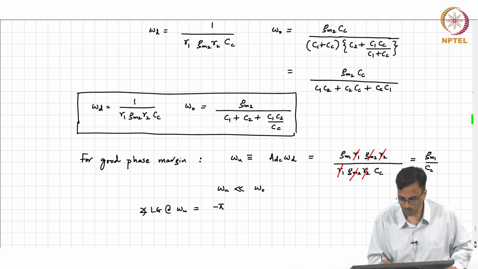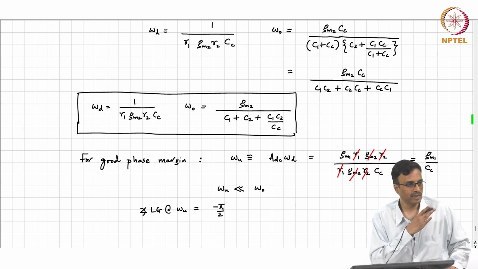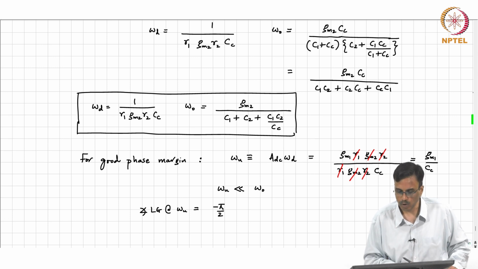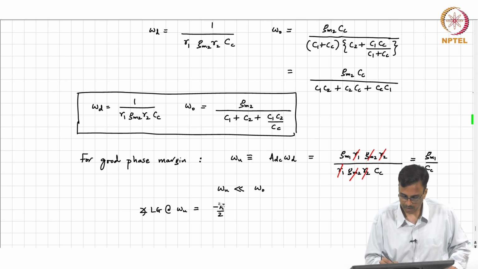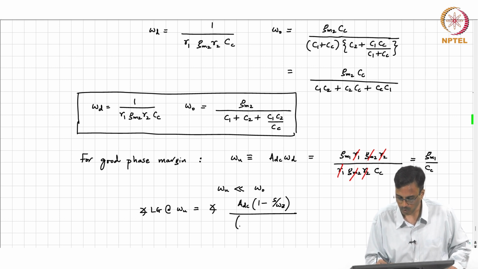Minus pi by 2. Why is this minus pi by 2 coming? That is because of the phase lag due to the dominant pole. And then you have the angle of ADC times 1 minus s over omega z over 1 plus s over omega d times 1 plus s over omega naught.